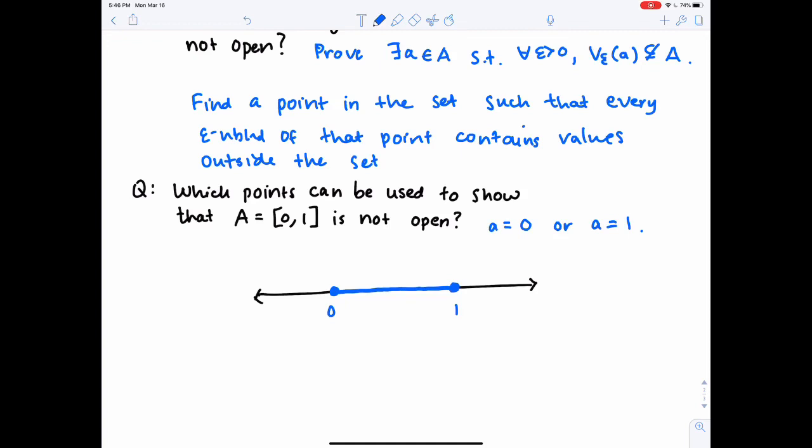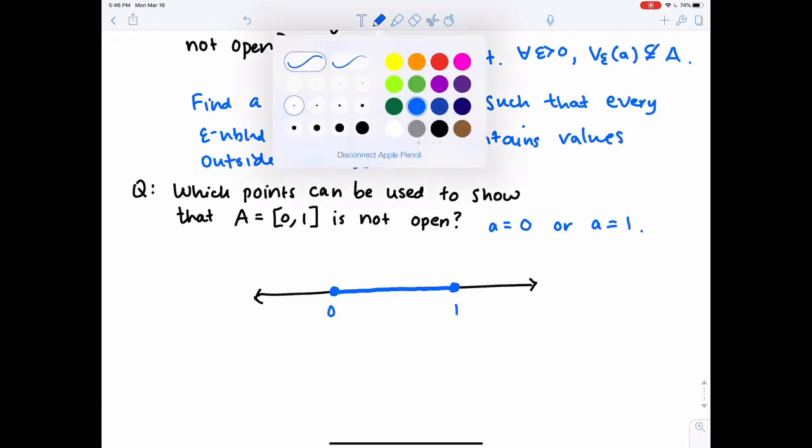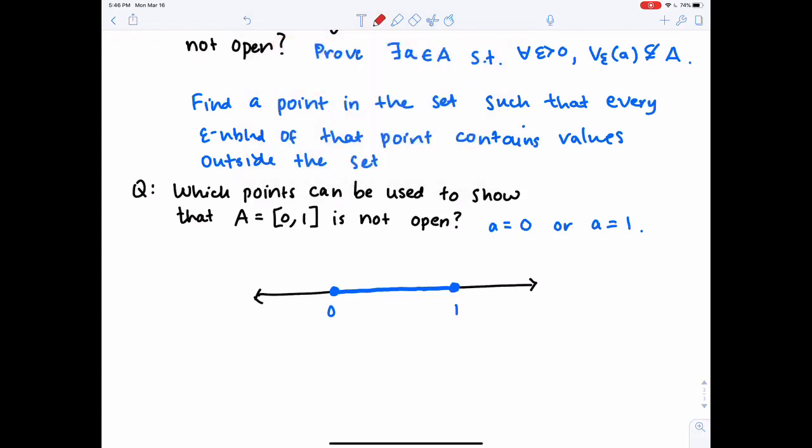And so any neighborhood that I try to select that is centered at 0, no matter how small that radius is, I could make this even smaller and go like that, for example. No matter how small this is, do you see what the issue is?